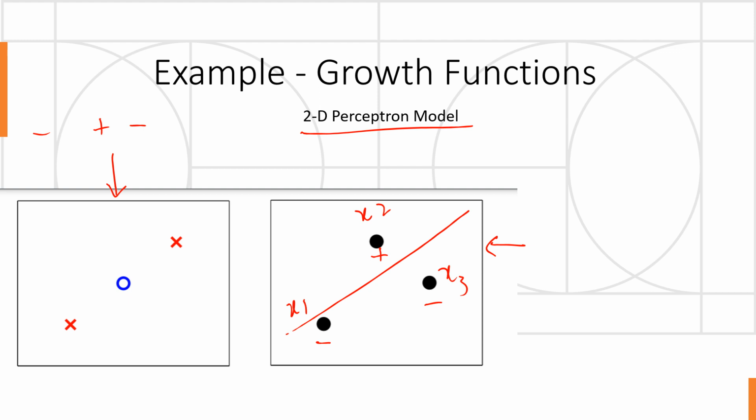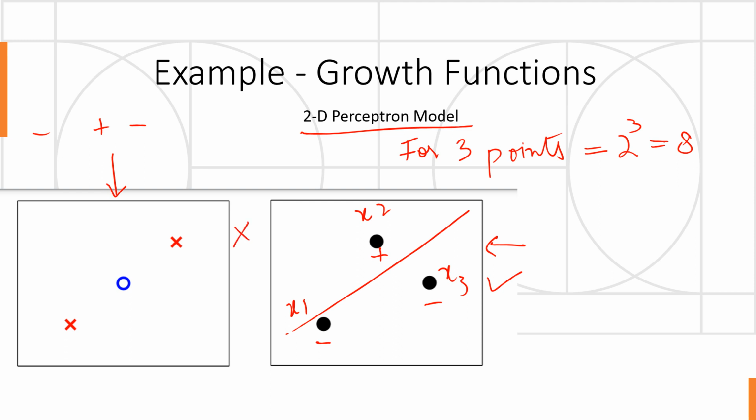So it depends on how my data set looks. And of course, for 3 data points, the maximum number of hypotheses that can be implemented is still 2 to the 3, which is 8. So all 8 are possible in this scenario, but they're not possible in the other scenario.